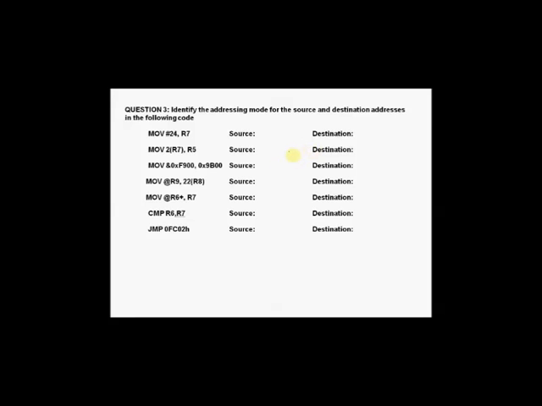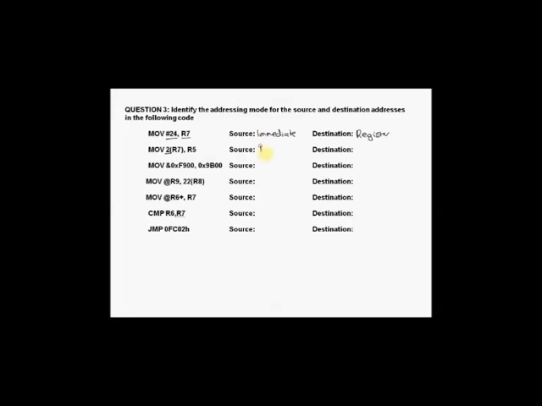Okay, in this one we're looking at identifying the source and destination addressing modes for each of these different examples. So we see for this first one, our source addressing mode is going to be immediate because we've got the hash there. And our destination addressing mode is register because we're referring to a specific register. Next one, we're using our brackets there.